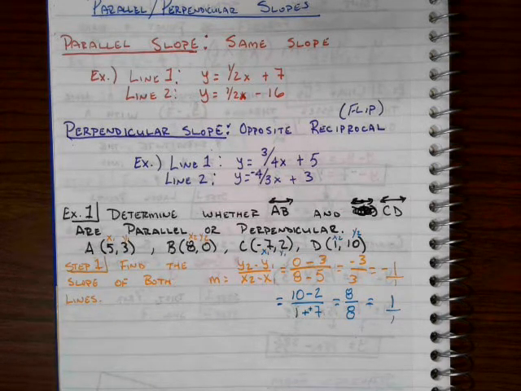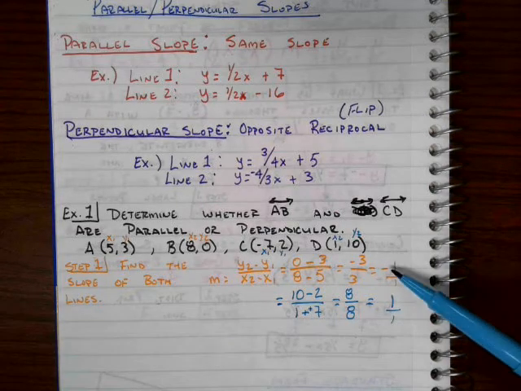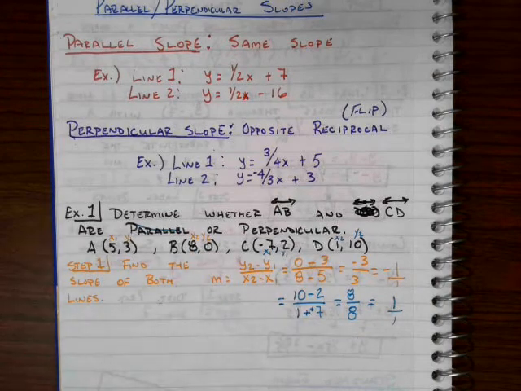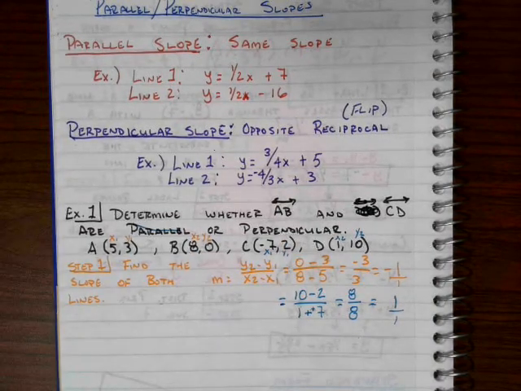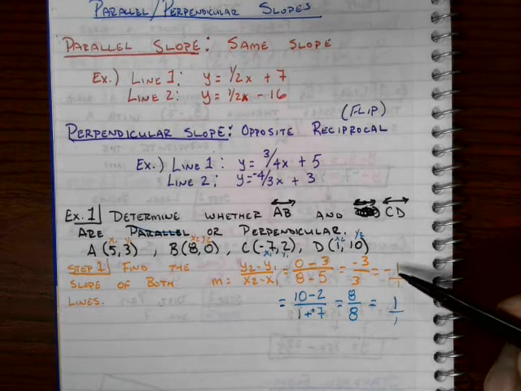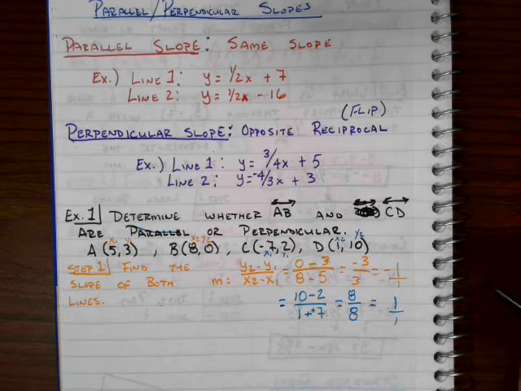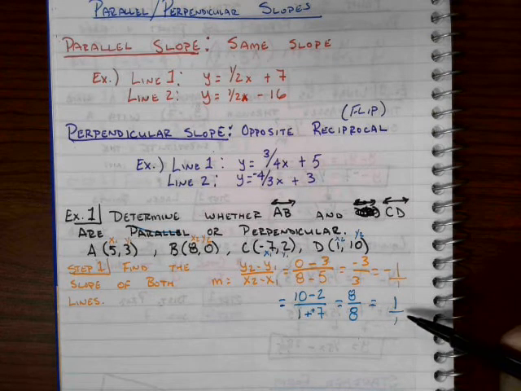So if they're parallel, they'd be the same. Well, this is negative, this is positive. So we know that parallel is out of the question. Now let's look to see if it's perpendicular or not. It has to be the opposite reciprocal. Well, this is negative, this is positive. They're opposites. Yes. Are they the reciprocal? 1 over 1. If I flip it, it's still 1 over 1.